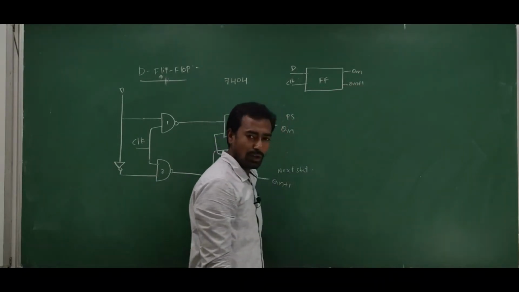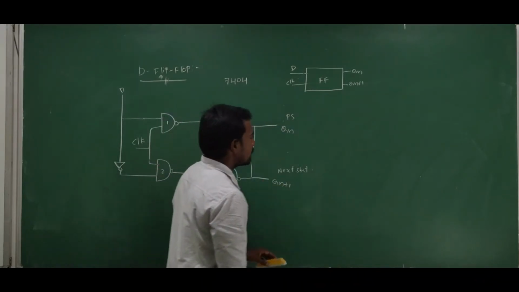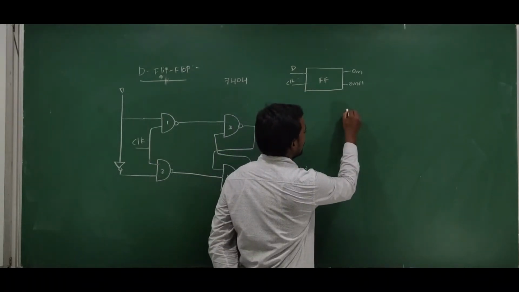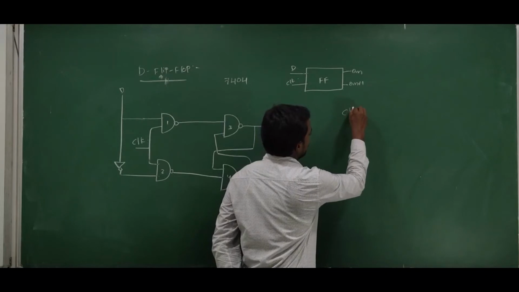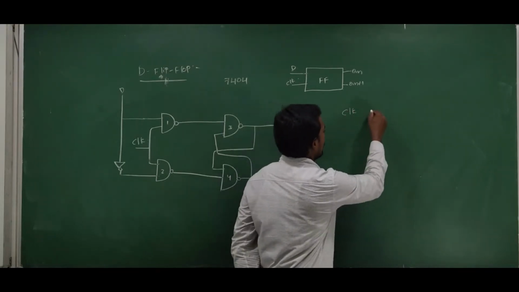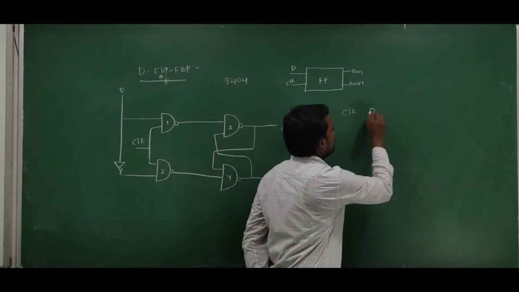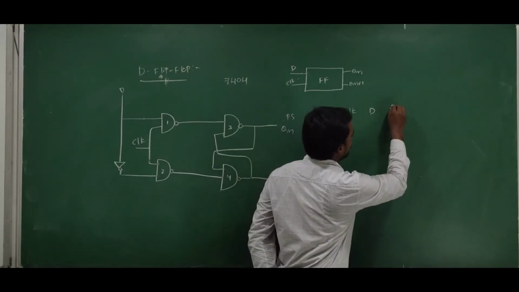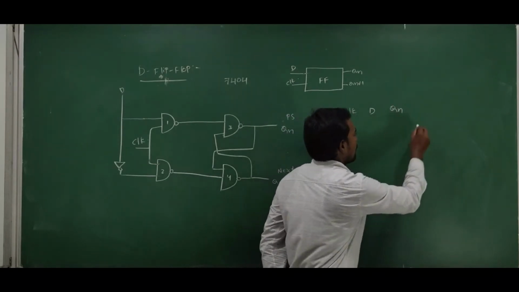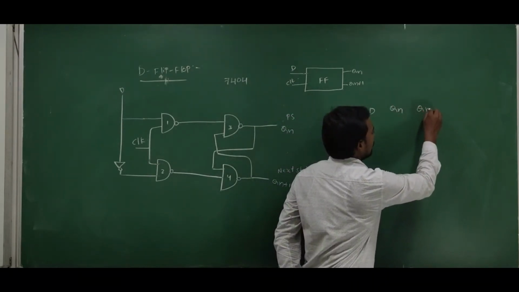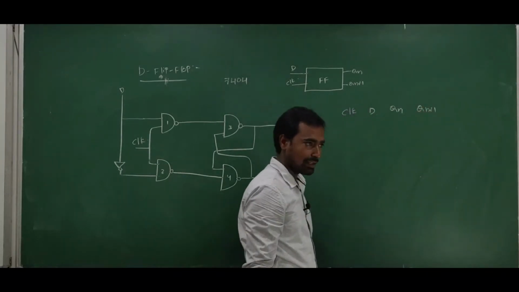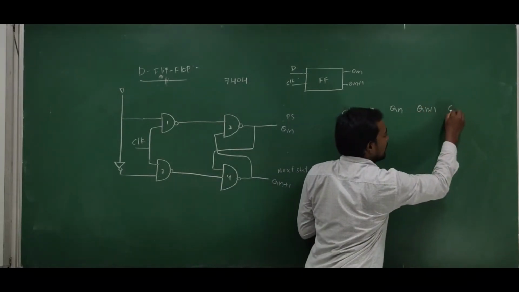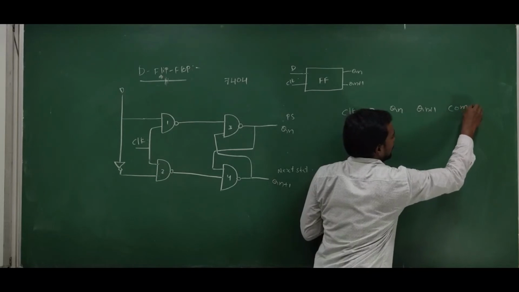And the truth table of the D flip-flop is, here I am giving the inputs, that is clock signal and the D input and the present state and Qn plus 1 next state.